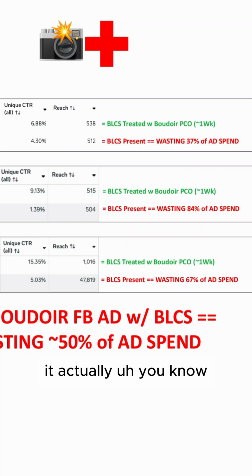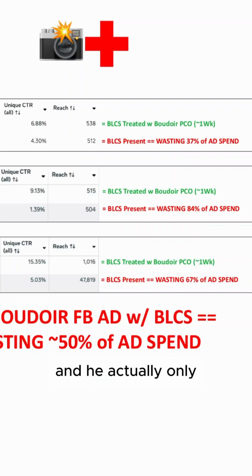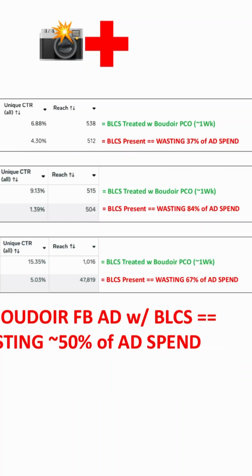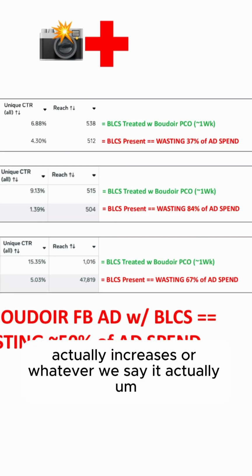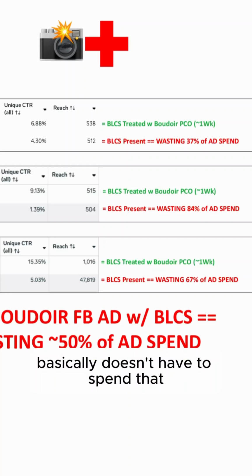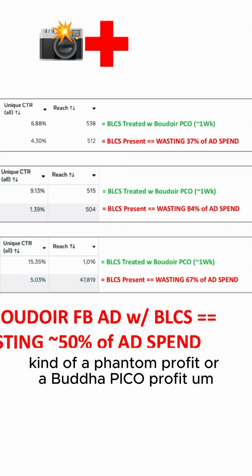To get his ad into the same number of women's brains, that difference of $6,700 a month he basically doesn't have to spend, he just simply pockets it, kind of a phantom profit or a Boudoir Pico profit.